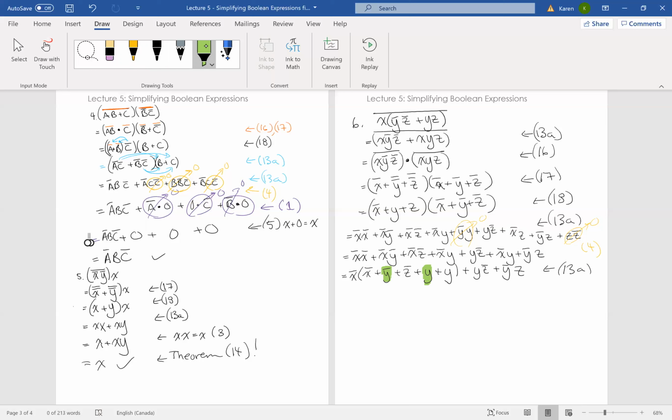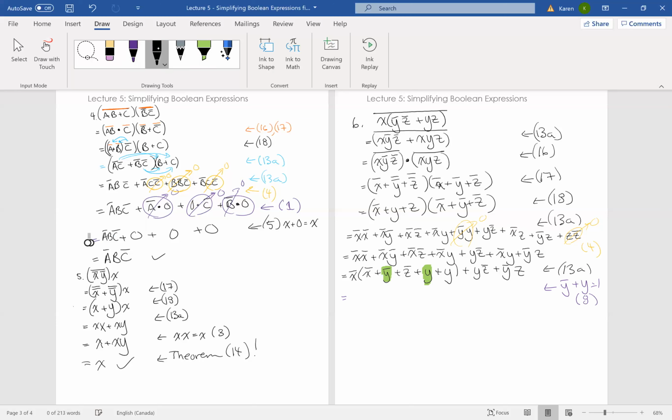And do I have a z bar plus z? Yes, I have a y bar plus a y here. Let's just deal with that one. If I have y bar plus y, then that would be equal to 1, and that's theorem 8.